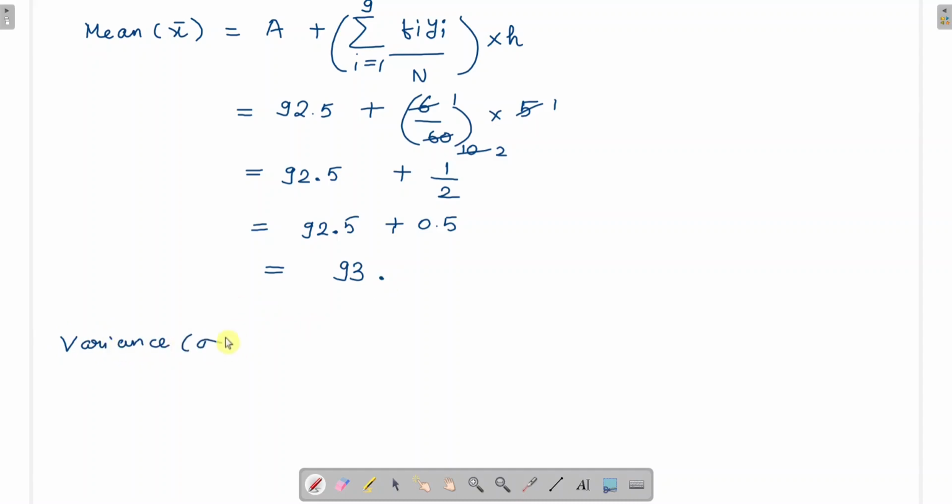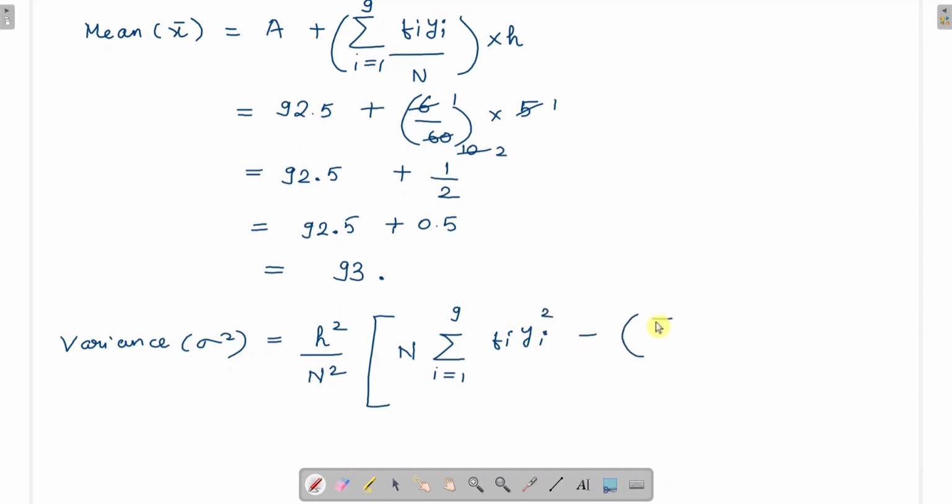So variance, which is sigma square, is equal to h square divided by n square into n, summation i going from 1 to 9 of f_i y_i square minus summation i going from 1 to 9 of f_i y_i, the whole square.